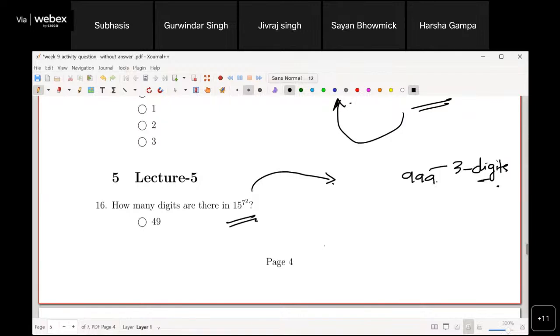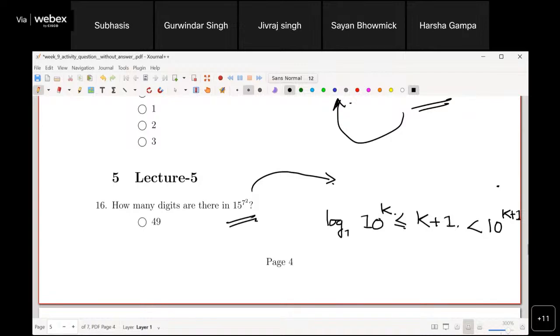If you have a number with k plus 1 digits, then one thing is sure: it will always lie between 10 power k and 10 power k plus 1. So all you need to do is take log base 10.